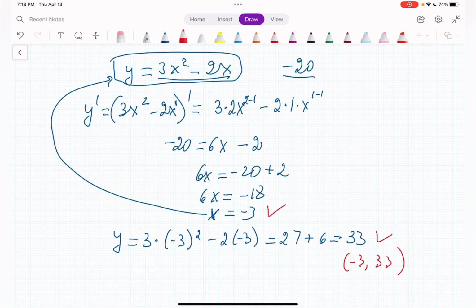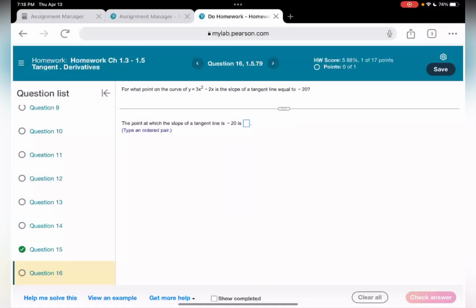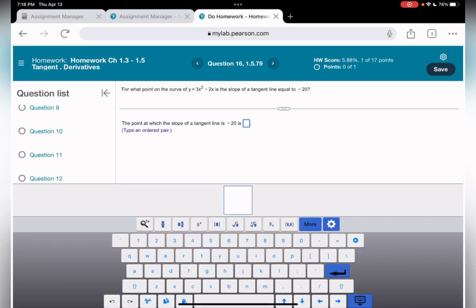I will get the derivative, the tangent line slope, equal to negative 20. So negative 3 and 33.